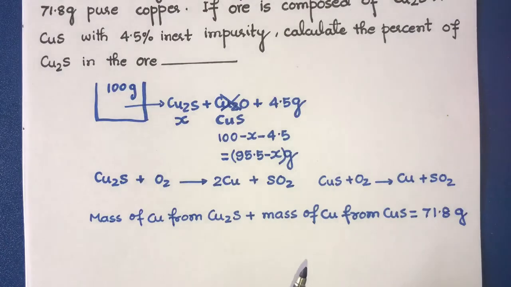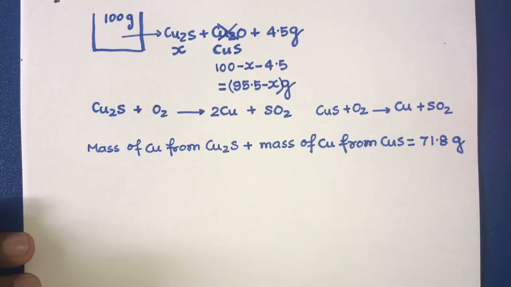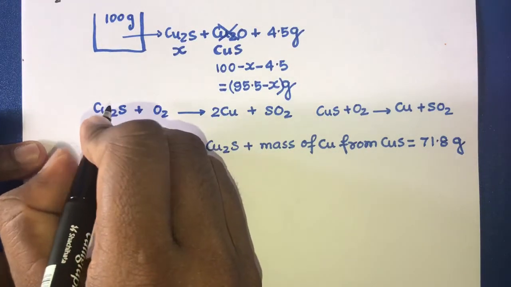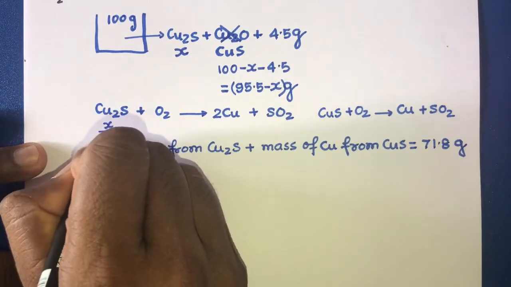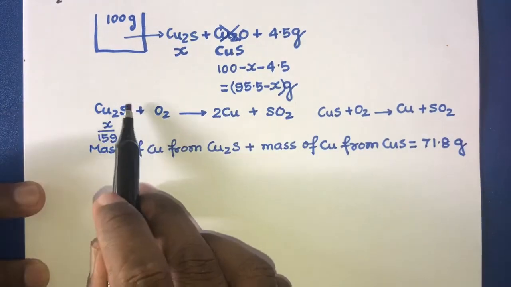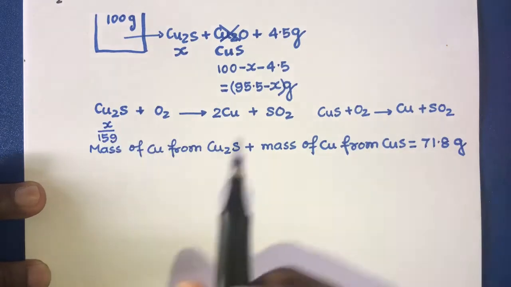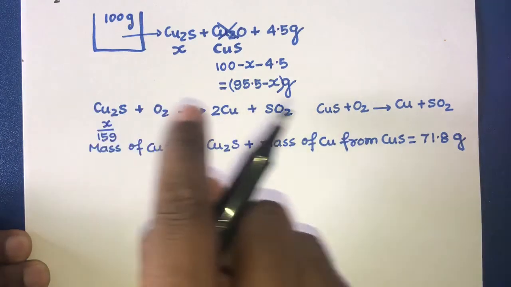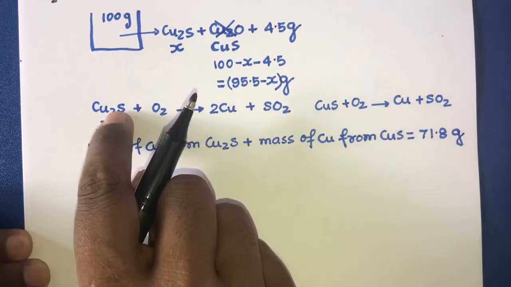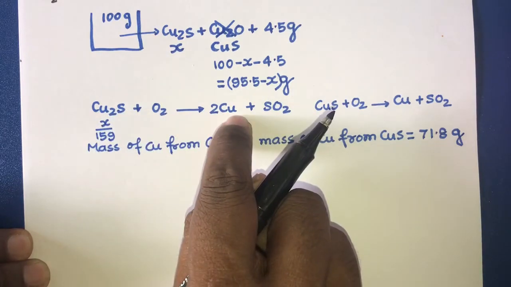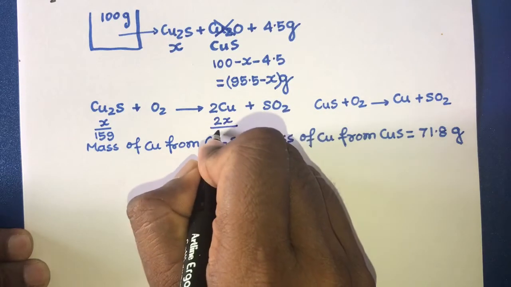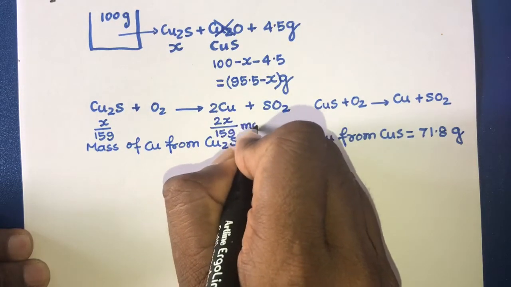Now how much copper will be produced from the first reaction? We have taken x gram of Cu2S, then its mole will be x divided by 159, because the molecular mass of Cu2S is 159. The coefficient of Cu2S is 1 and of copper is 2, so 1 mole of Cu2S will give 2 moles of copper, so this will give 2x divided by 159 moles of copper.